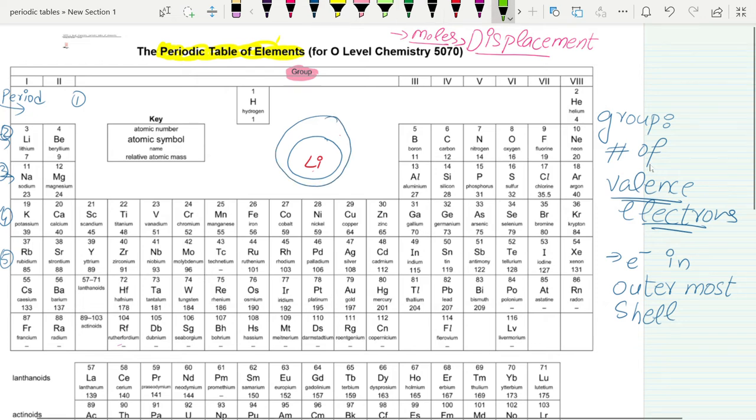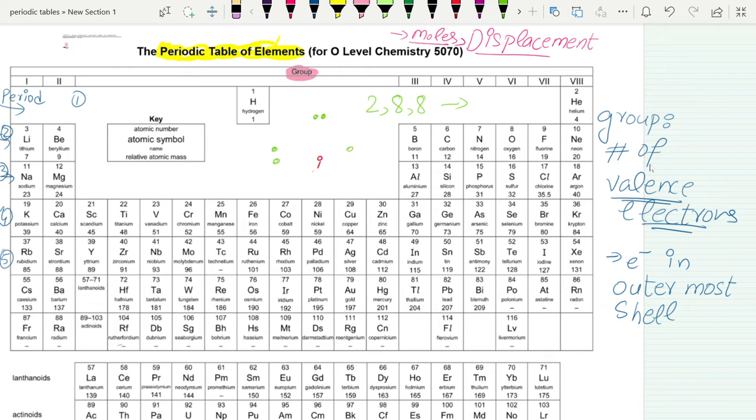The first shell contains only 2 electrons, and then the next shells contain 8 electrons each. It goes on from 2 and 8 and 8 and so on.